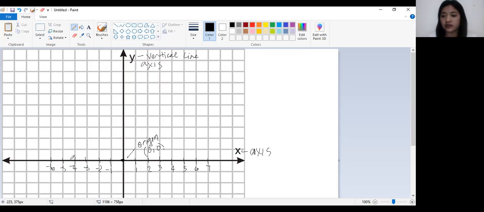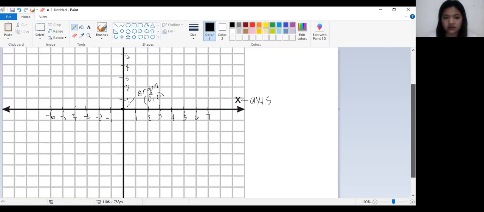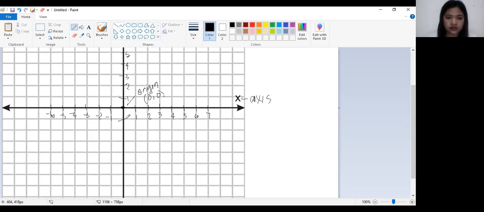Going to negative infinity. Then, from the origin naman paakyat, that is positive 1, 2, 3, 4, 5, 6, 7. Then, going down naman, negative naman tayo. So, that is negative 1.